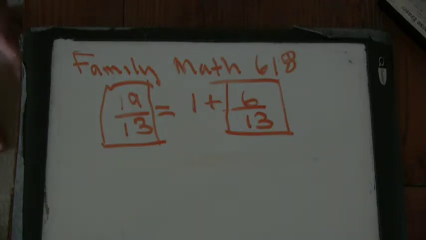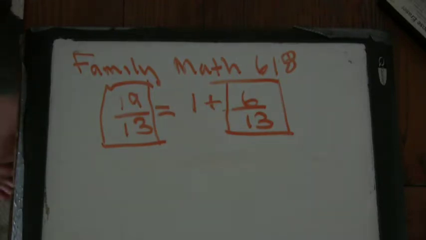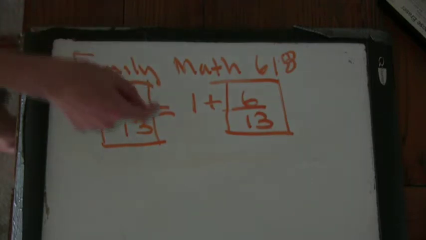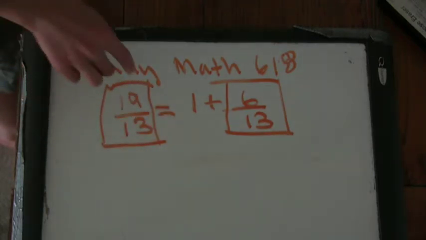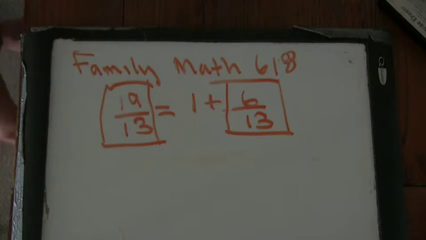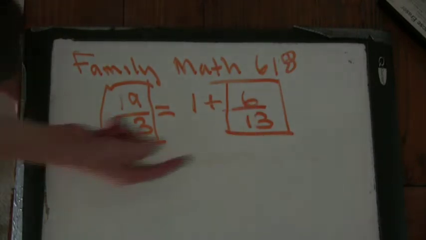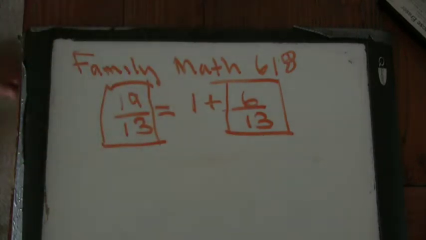Okay, it's smaller. You see any other observations you can make about it? They have the same denominator, and the numerator got smaller. 19/13 and 6/13.